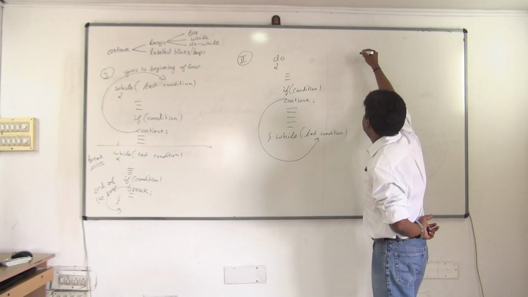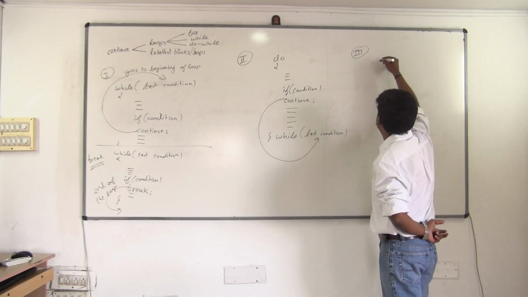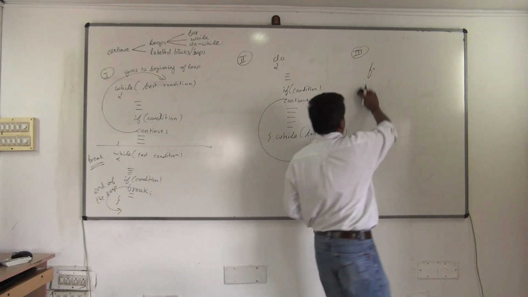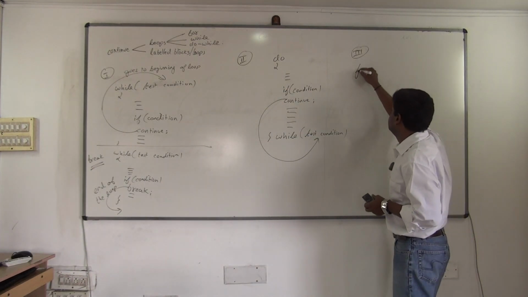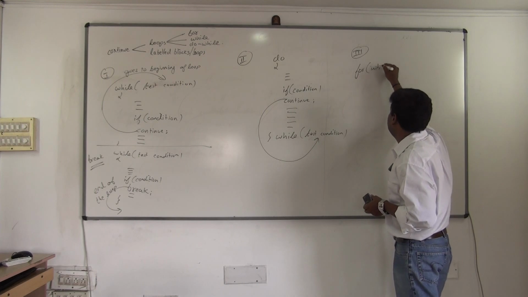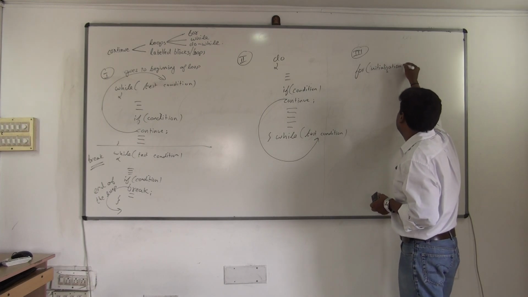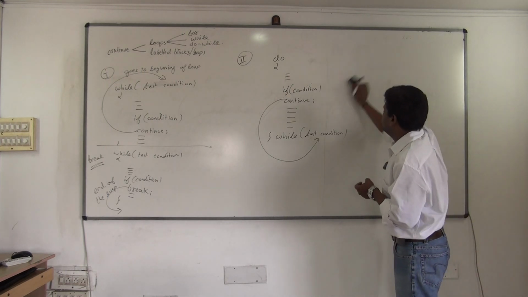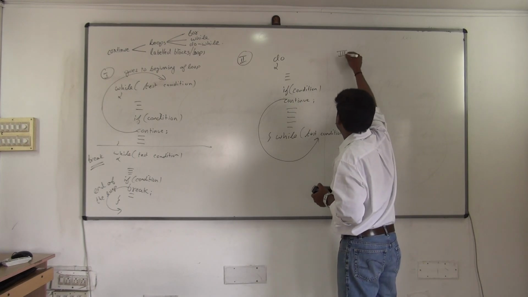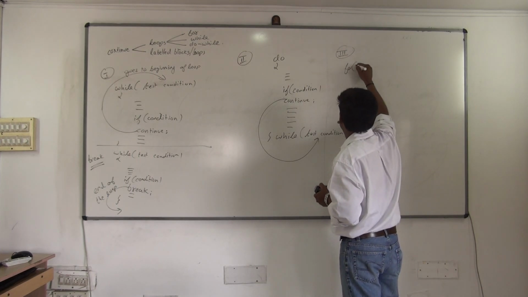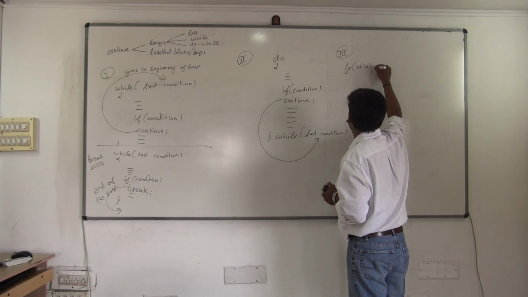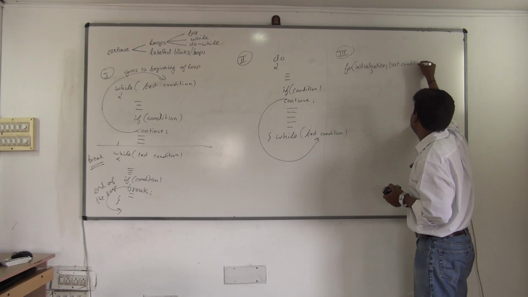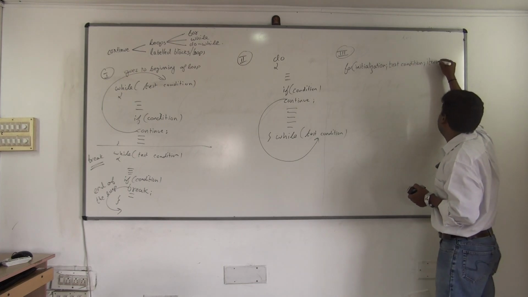Okay. So now this is the third scenario I'll take, that is the for loop. So for, see, initialization will be there. Then you'll have the test condition, and here iteration.